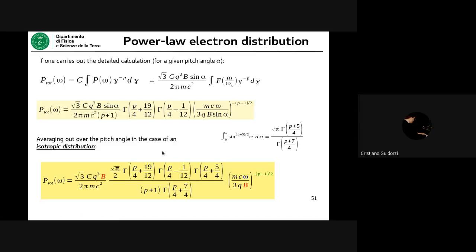It's of no use to remember this. So indeed, the scaling is important to remember, especially if you have to remember just one of the two. The dependence of this is important. I would like you to remember this. So for a population of electrons with index P, the spectrum is a power law with index (P minus 1)/2.